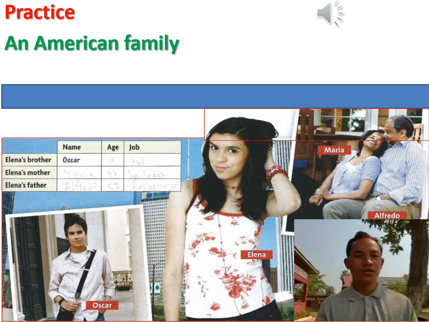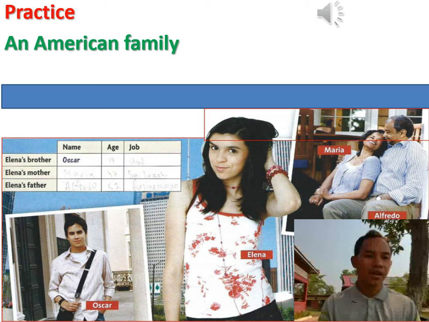So I think maybe they are going to ask us to listen and complete the chart about Elena's family, like Elena's brother, mother, father, and something like that.